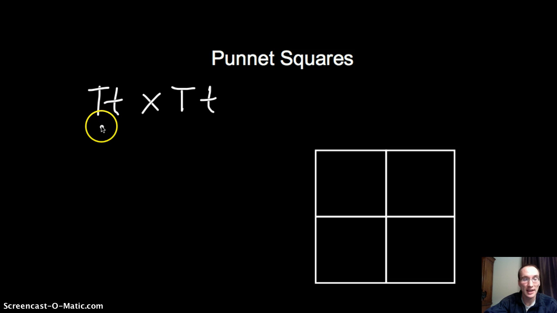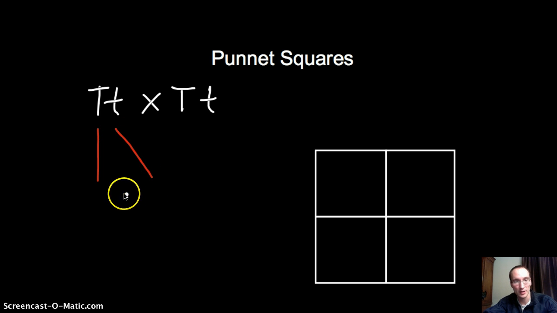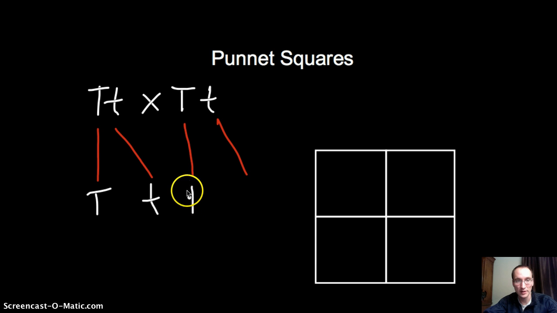So there is a possibility that this dog, let's say this is the male dog, is going to pass down this big T. There's another possibility that it's going to pass down this little t right here. So we can have a big T or a little t, and there's going to be a 50% chance of each. Same thing is true with this dog. It can either pass down this T or this t right here. So it has another 50% chance.